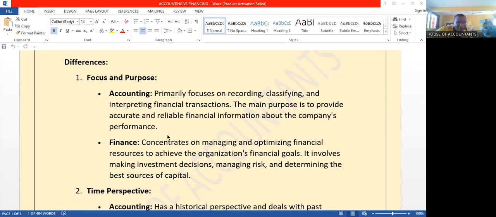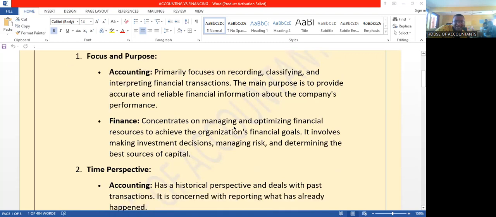The finance aspect concentrates on managing and optimizing financial resources to achieve the organization's financial goals. It involves making investment decisions, managing risk, and determining the best source of capital. So this one is now looking at the future. The accounting aspect is looking at the historical data.